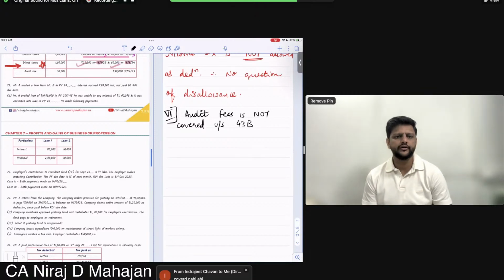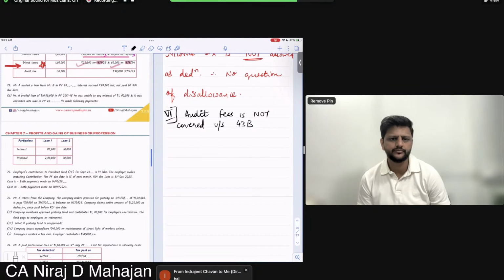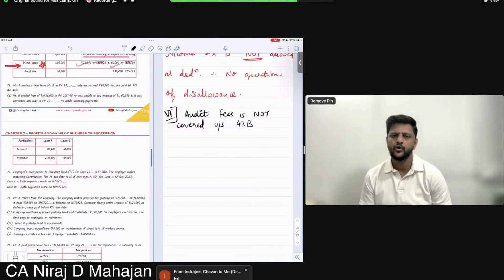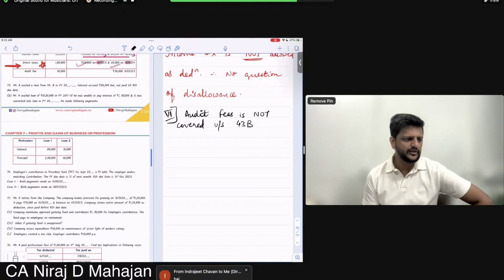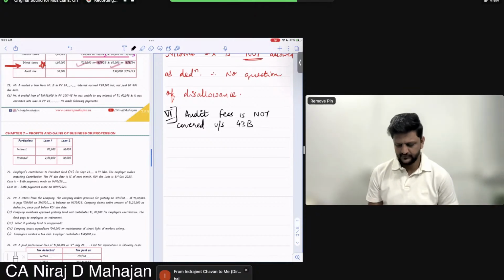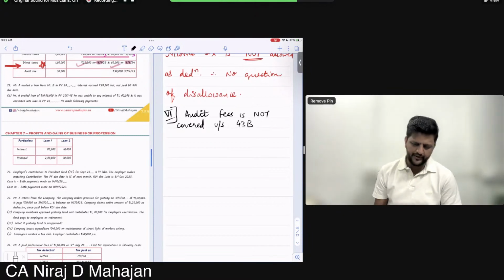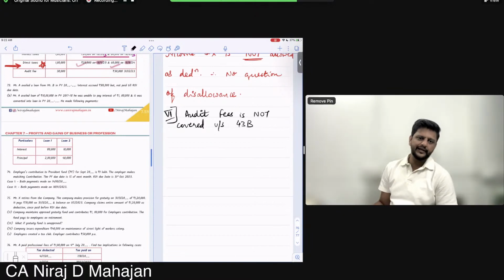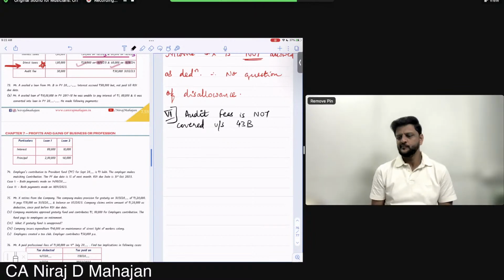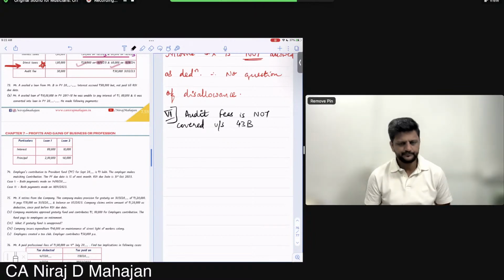Audit fees is not covered under section 43B. Only government fees are. Audit fees is paid to the auditor, not to the government. The government at times says that audit is compulsory, but the fees you're not paying to the government. It is not a statutory due. Okay. Fine, clear all of you.